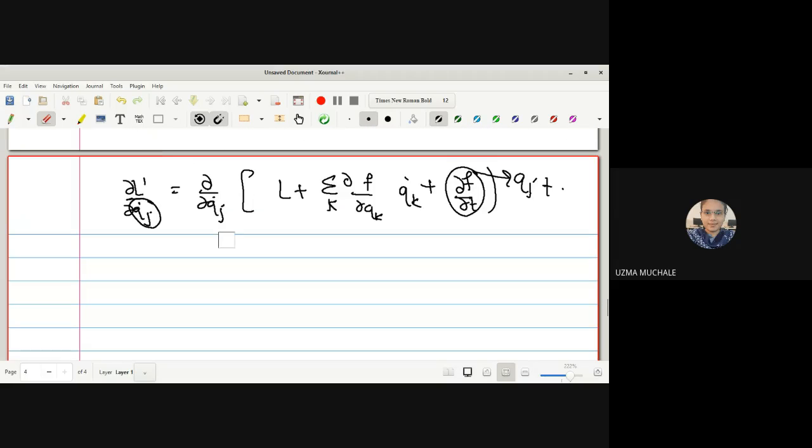You have to find out a derivative of L dash with respect to qj dot, correct?